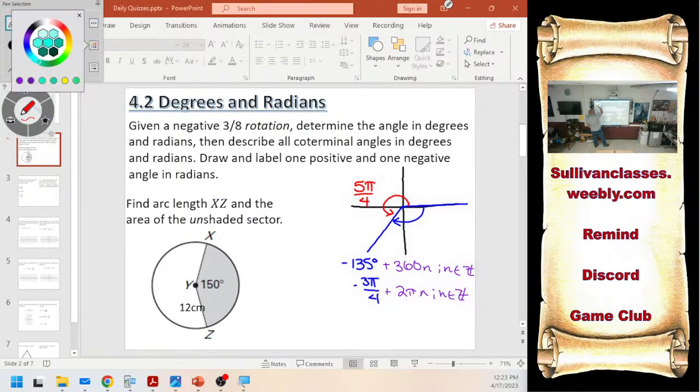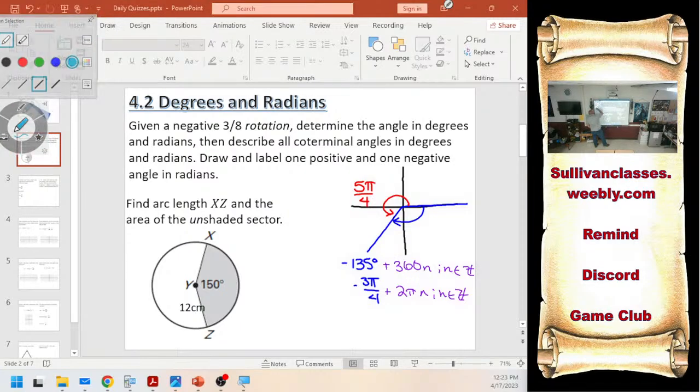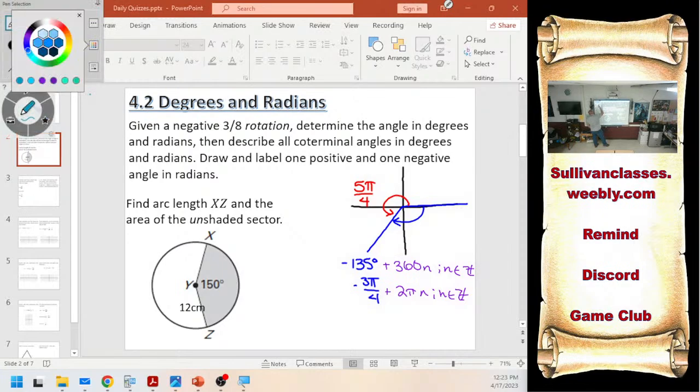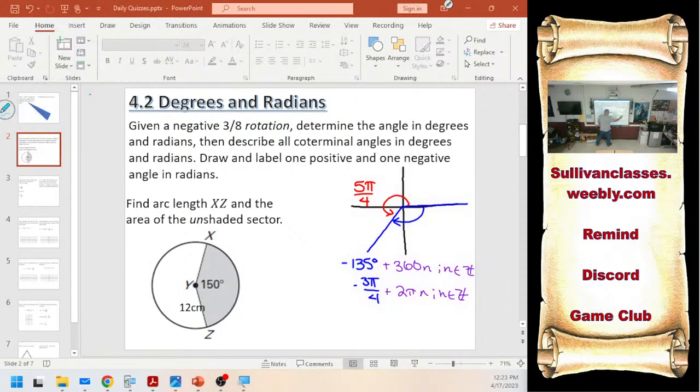Or if I want a negative angle, this is already my angle, so I got to go all the way around the block and try it again. It'd be a negative 3/4 pi plus another 8/4 pi, or negative 11 pi over 4.